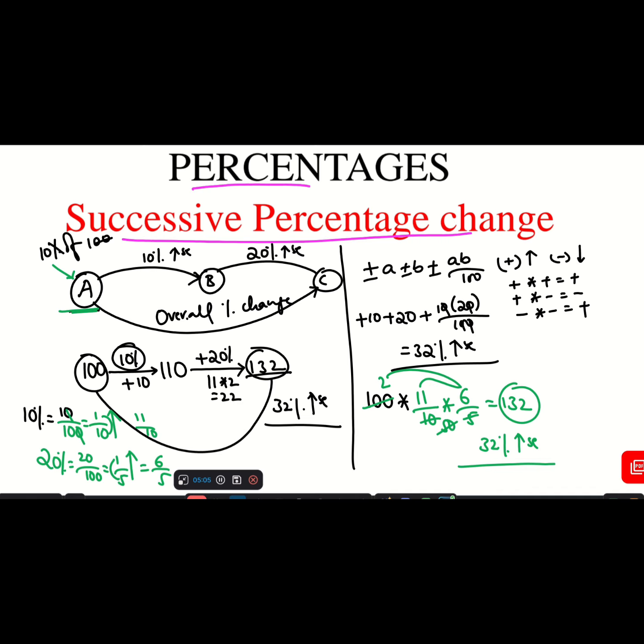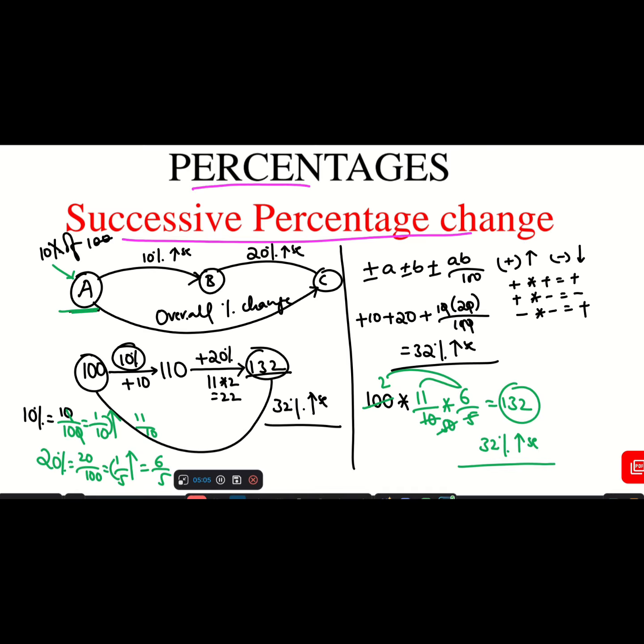Okay. And the question is: a salary is increased by 20 percentage and then it is decreased by 20 percentage. Find the percentage change in his salary. Increase is nothing but positive, plus 20, decrease is nothing but minus 20, plus into minus will be equal to minus 20 into 20 divided by 100.